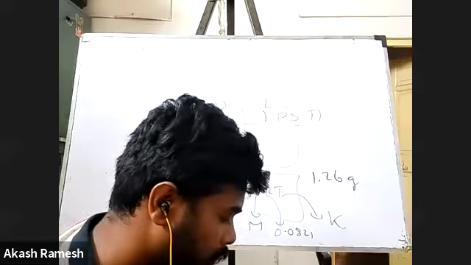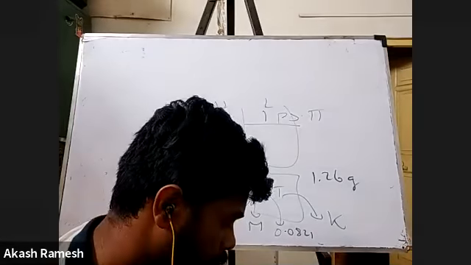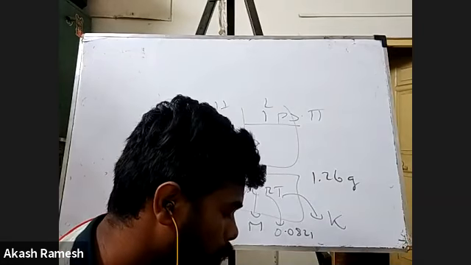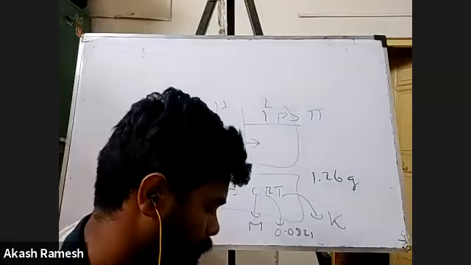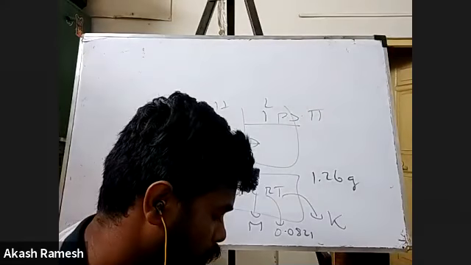So the first statement is: 200 centimeter cube of an aqueous solution of protein contains this much amount of protein.